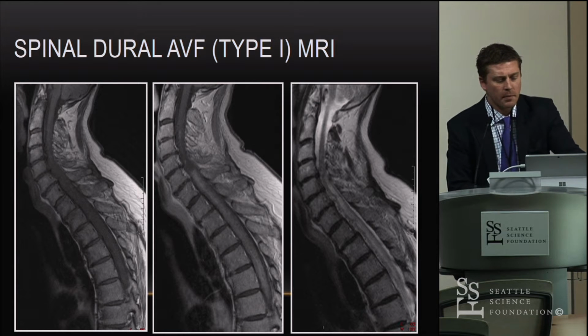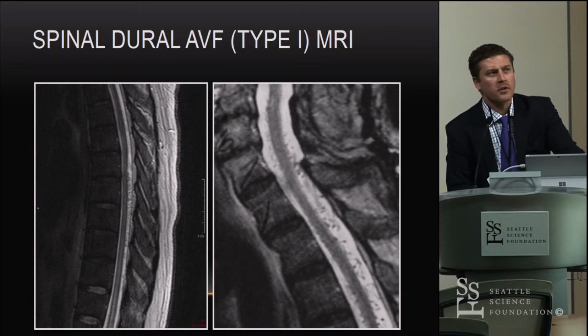So you can see on the MR, in the T2 in the middle column, there's T2 hyperintensity indicating cord swelling, and it's a little hard to see on this projection, but there are little vessels or flow voids you can see on the far right of the screen. Here's just another example. If you look closely at the spinal cord on the T2, you can see these flow voids here, and that's from the dilated veins.